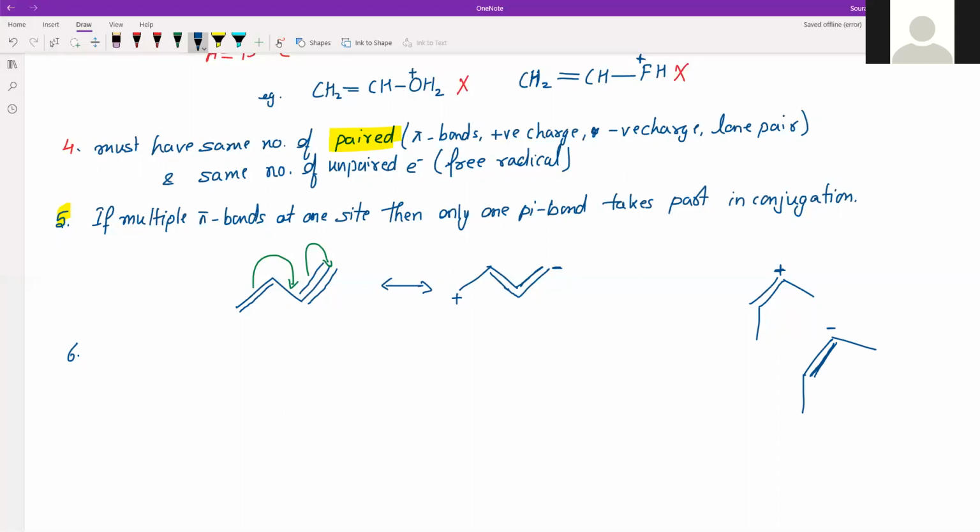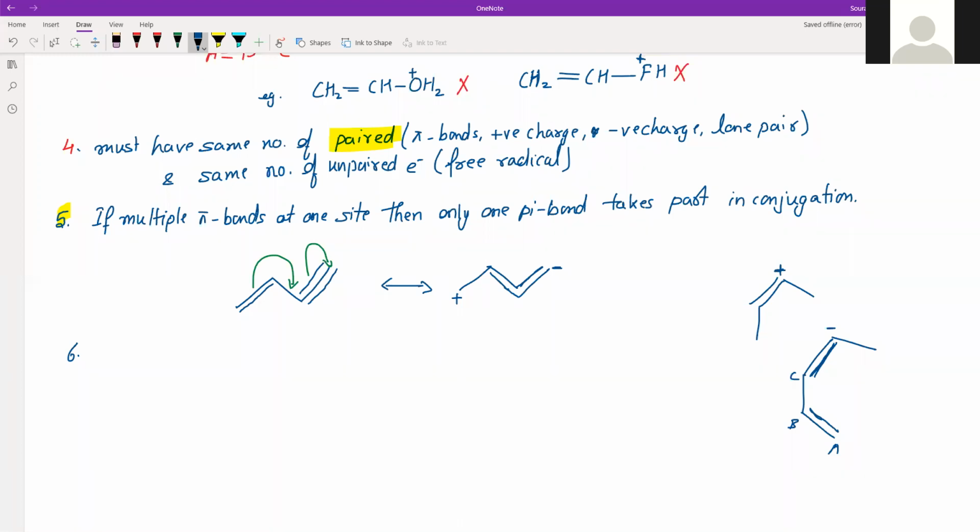So in this case, what will happen? And suppose there is a double bond here as well. So A, double bond B, C, and on C there is this negative charge. The negative charge is not on C. The negative charge is on the double bond, which is part of the double bond, which is connected to C, right?